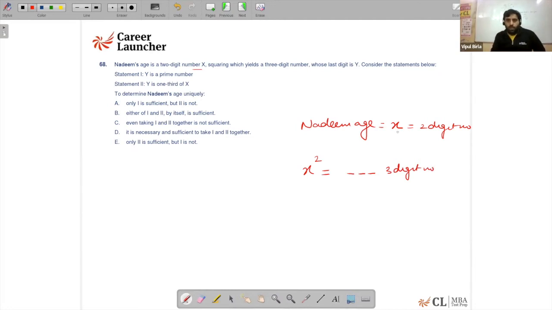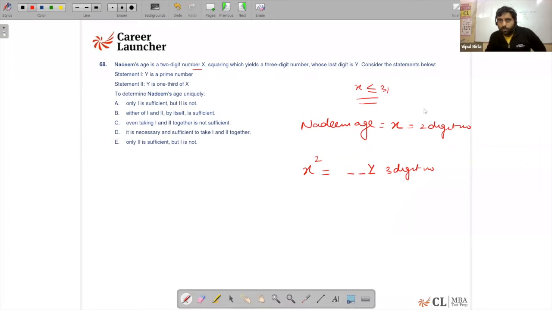Basically 31 square is 961, and 32 square is more than 3 digits. So I know x is less than or equal to 31. And they have stated that squaring yields a 3-digit number whose last digit is y.